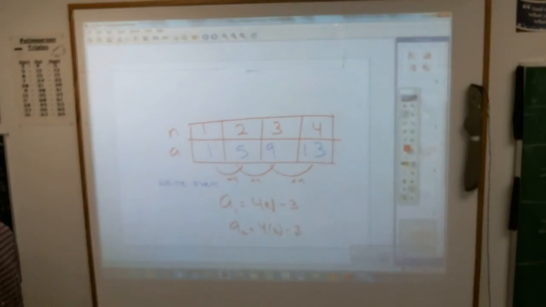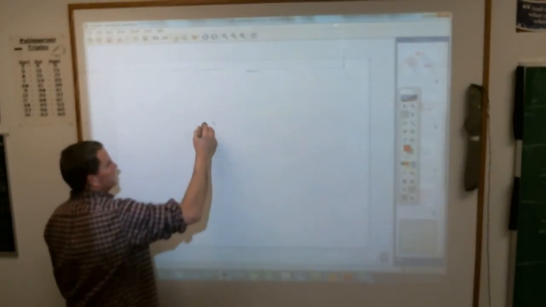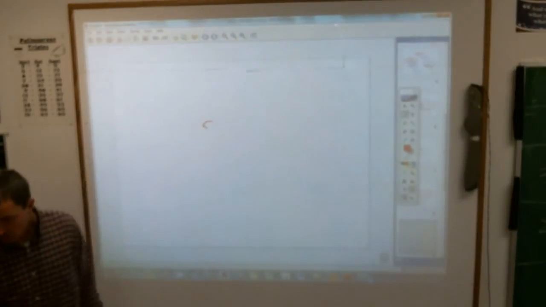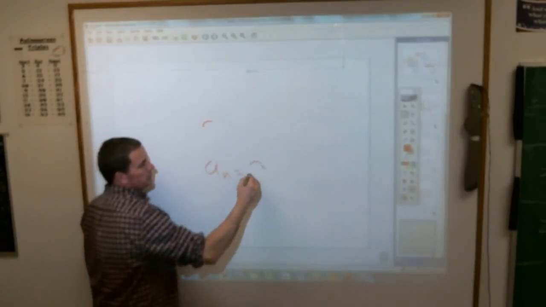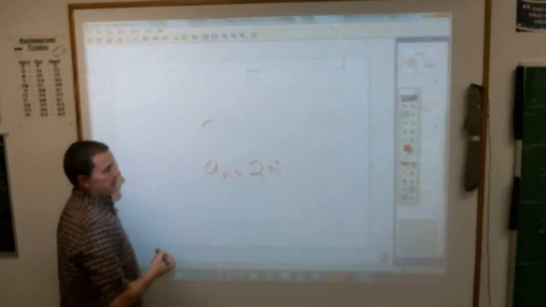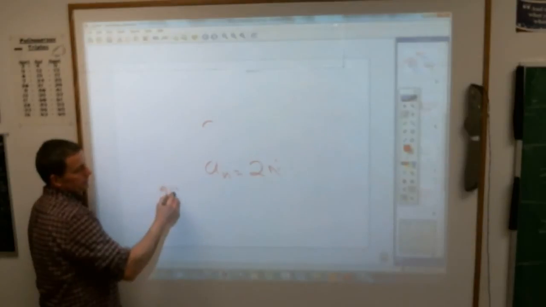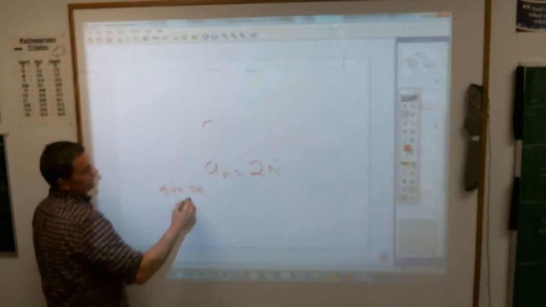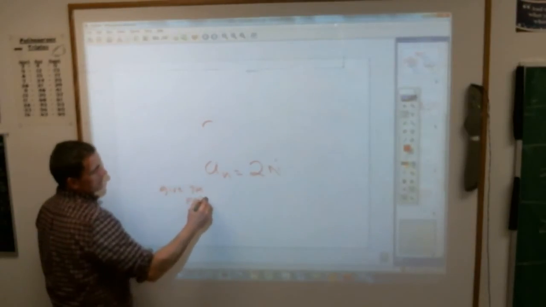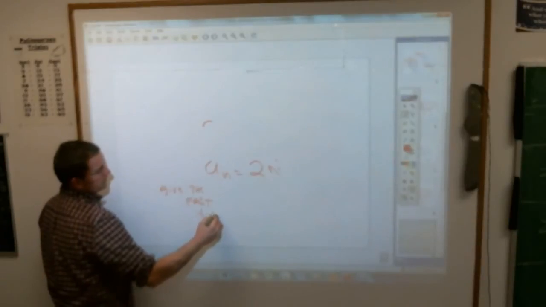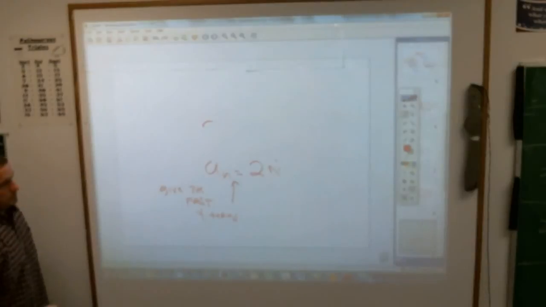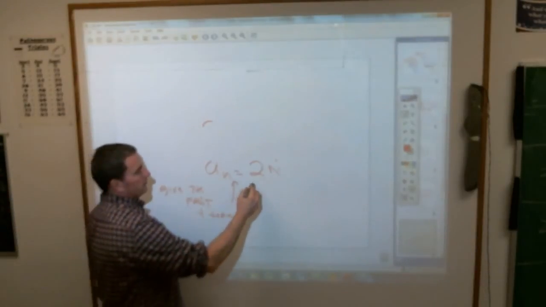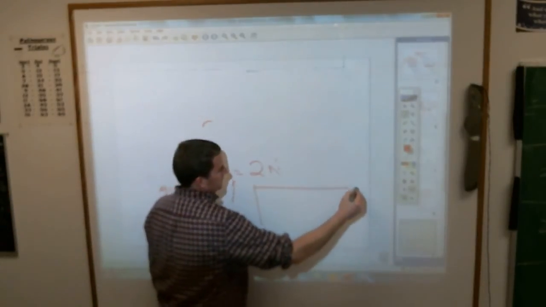All right, and then they'll give you this. So here you go. Here's an equation: a to the n equals 2n. And they ask you to give the first 4 terms of this sequence. What do you suppose you're going to do? Well, you are just going to start off with a little box here.